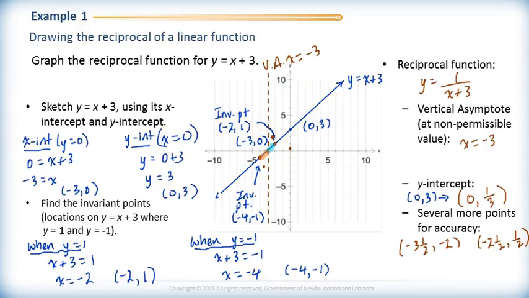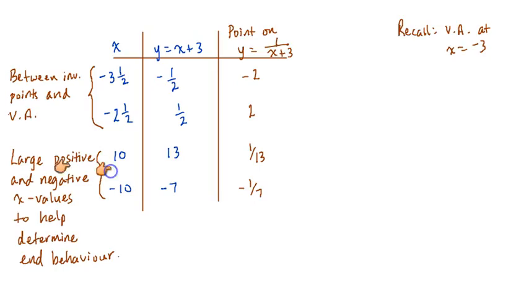Now I want a couple of points as well to help me with the end behavior as x gets large and as x gets large negative. So on my scale I can go out to 10 here and negative 10 here. So in other words, I need to figure out what the y values are that go in there. So 10 and negative 10 are large positive and negative x values to help determine our end behavior.